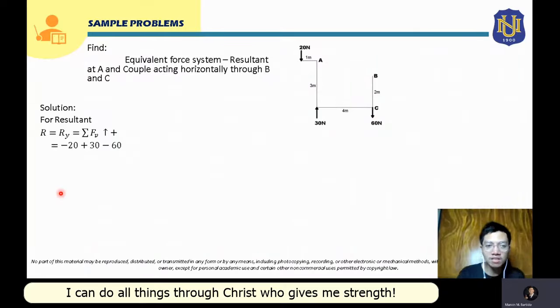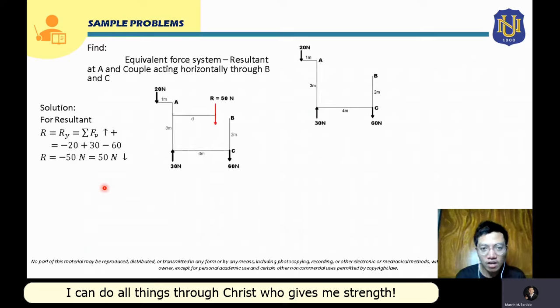So solving this will be negative 20 plus 30 minus 60. Your Ry will be negative 50 Newton. That negative sign indicates that our resultant, or your Ry, is downward. So your resultant here will be 50 Newton downward.